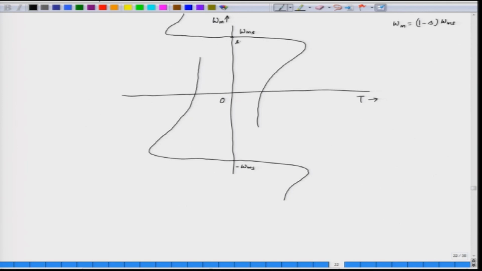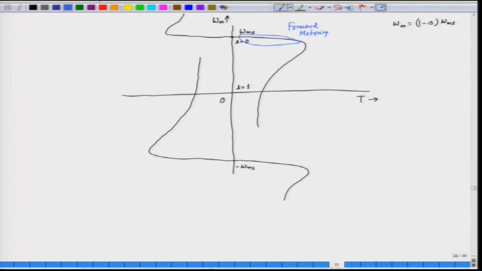So, the slip value is equal to 0 here, and slip is 1 here, and here the slip is more than 1, and this is the negative slip. So, usually this zone is called forward motoring. Normally the motor operates in this particular region, that is called forward motoring.